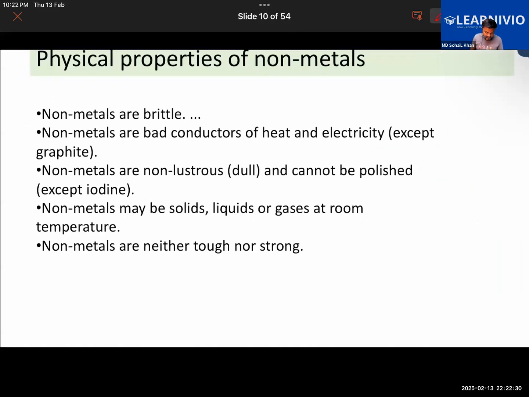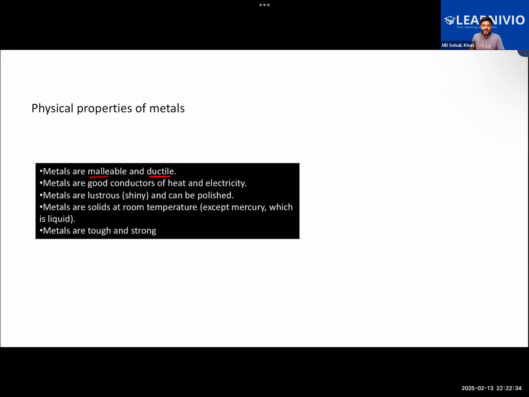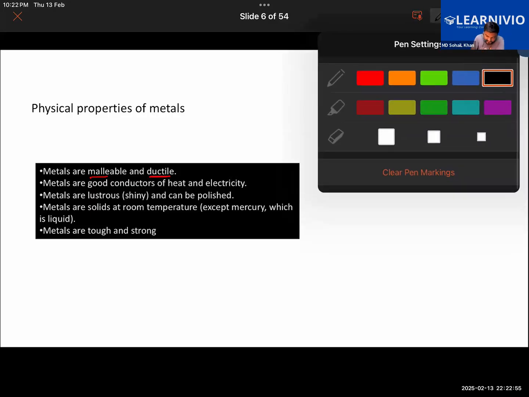So how are they good conductors of heat and electricity? Let us understand that also. As we know, for electricity to be conducted, the object should have free electrons, because electricity is all about the flow of electrons, isn't it? Yes, sir. So this is a piece of copper wire, suppose. These are the atoms in it, and it has free electrons.